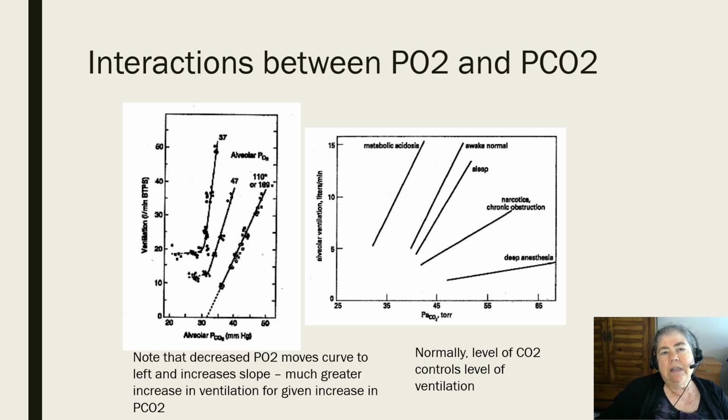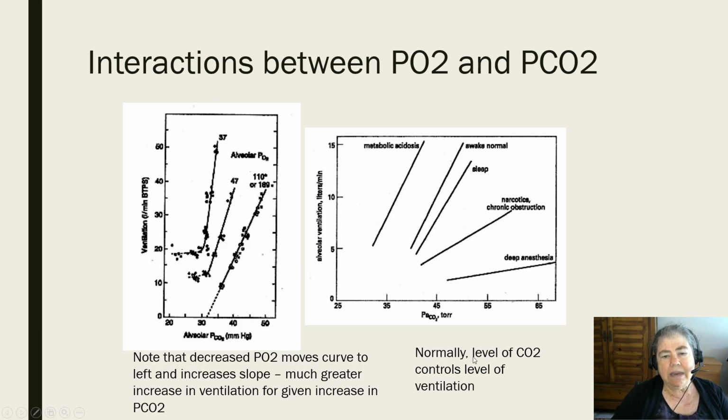There are relationships between the response to the partial pressure of oxygen and the partial pressure of carbon dioxide. And as we decrease oxygen, particularly say at high altitudes, we move this curve to the left, and you get a much bigger response to changes in carbon dioxide.